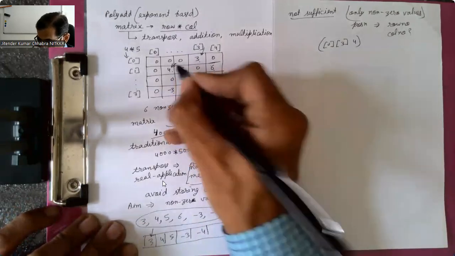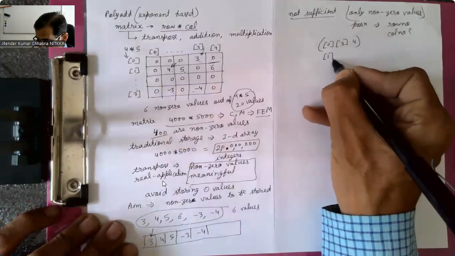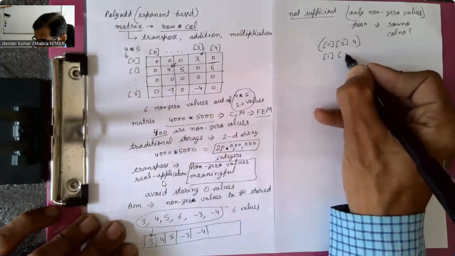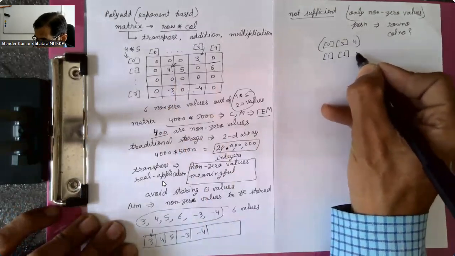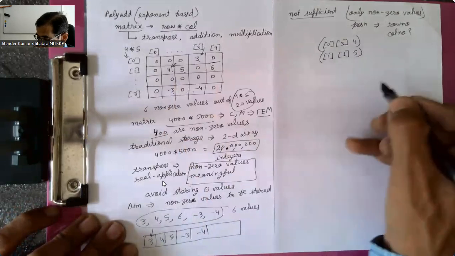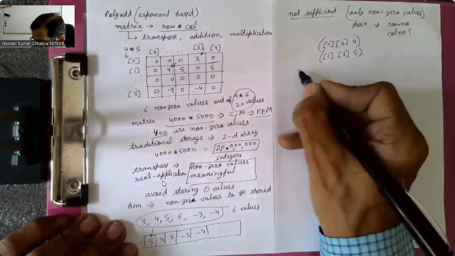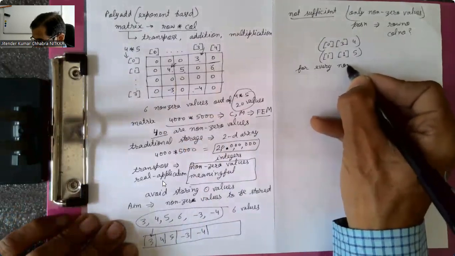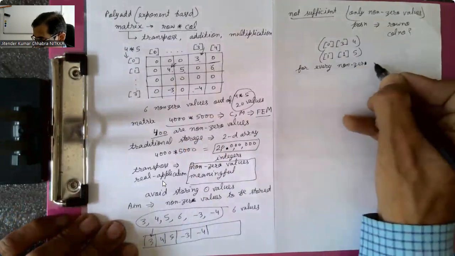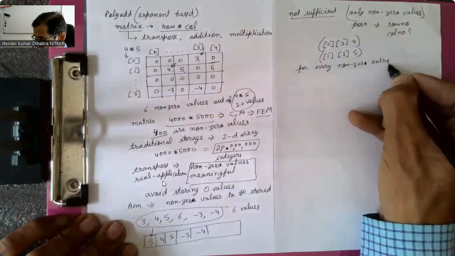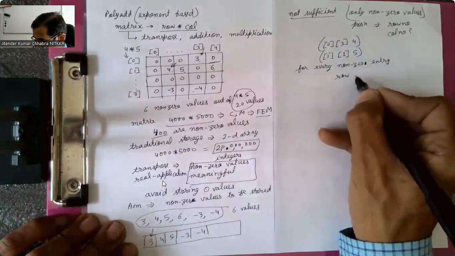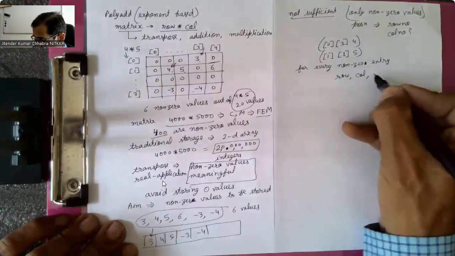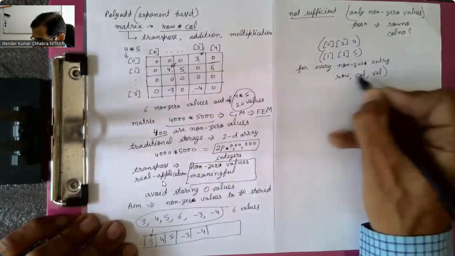So row 0, column 3 and value 3, this is one non-zero entry. Second non-zero entry is a 4. I will say it is row 1, column 1 and value 4. So in general, for every non-zero entry, what I need is the corresponding row number, column number, and corresponding value.